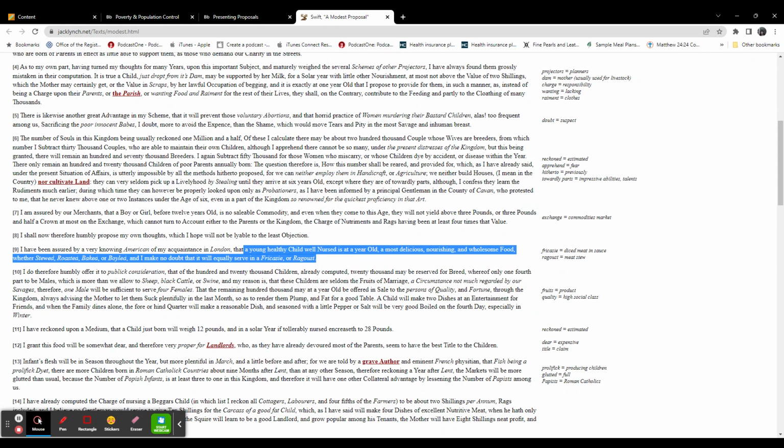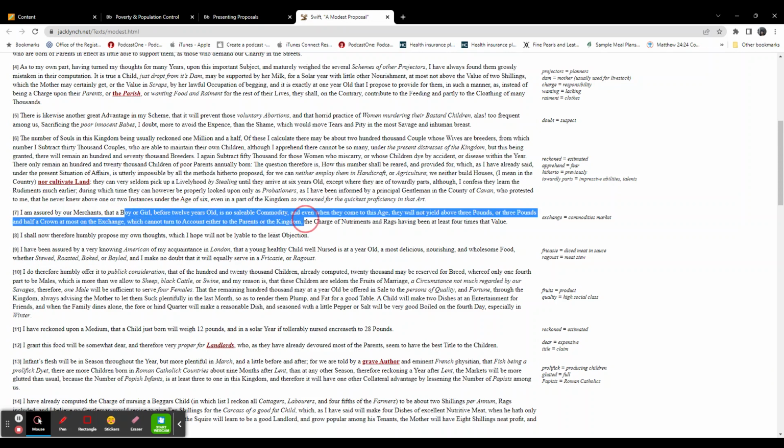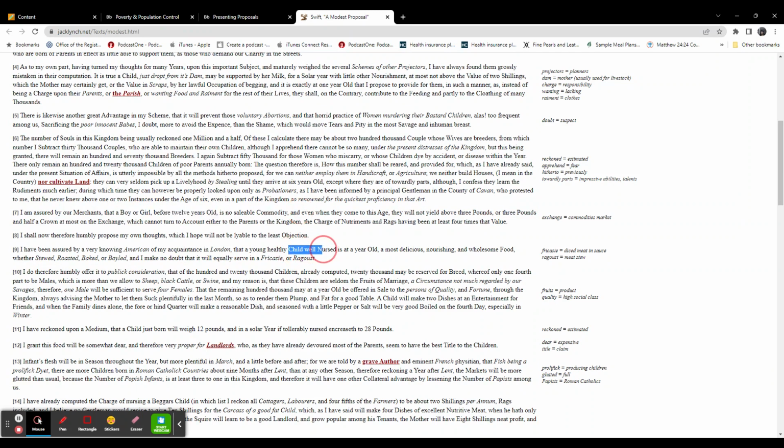The skin on the baby is not as thick and tough as it would be if the child was 12 years old, and so it's much easier. It's a sellable commodity. Where did I see that the boy or girl is no sellable commodity? So the contrast is the child nursed at a year old is a sellable commodity.